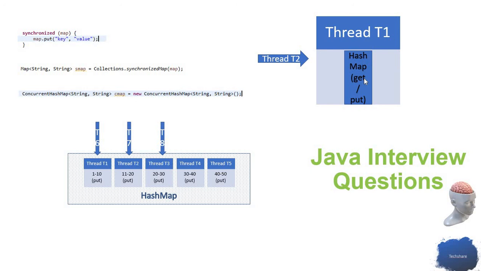Unless thread T1 releases the lock, the rest of the threads, like thread T2 as shown in this picture, have to wait until T1 releases the lock. So that's a big issue with using the synchronized keyword or the synchronized map.